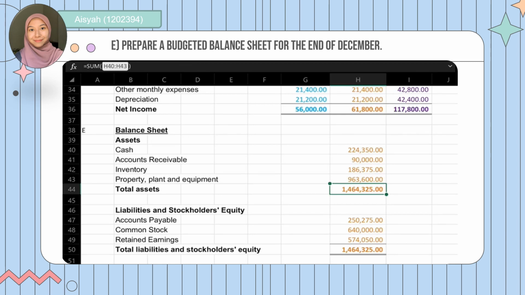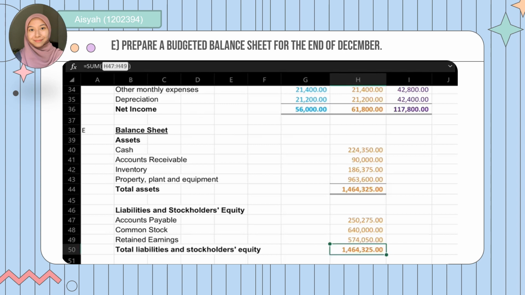1,464,325. Next, for account payables, the amount is derived from merchandise purchase budget, which is 250,275. For common stock, we take the amount from the question, it is 640,000. And lastly, retained earnings, we add up the retained earning amount in the question and net income from income statement, we will get 574,050.